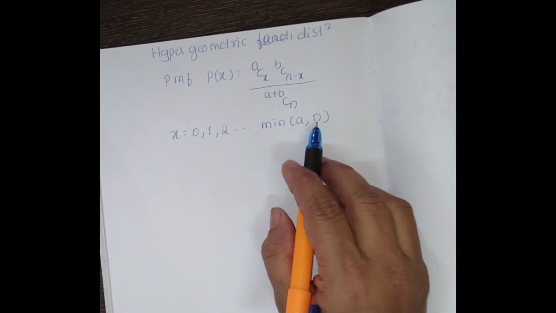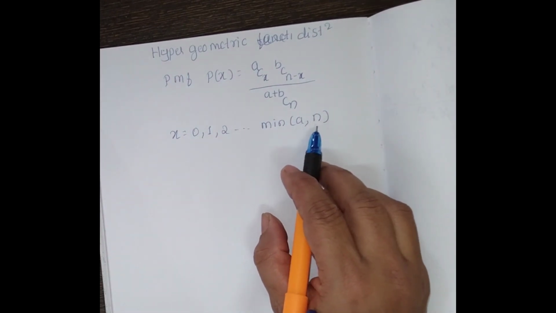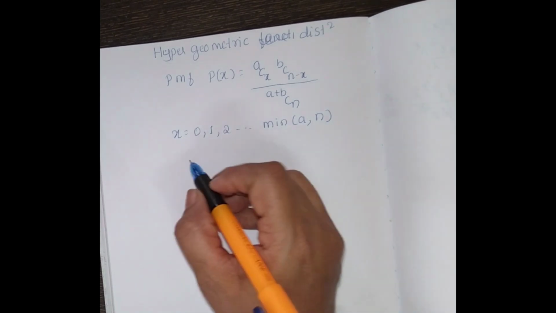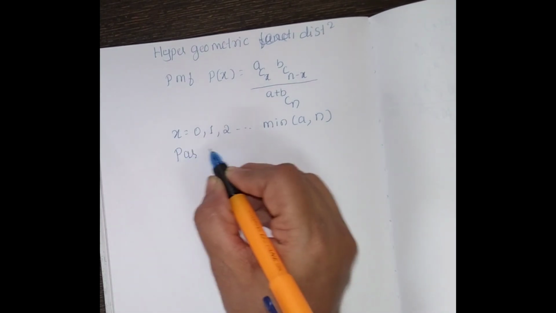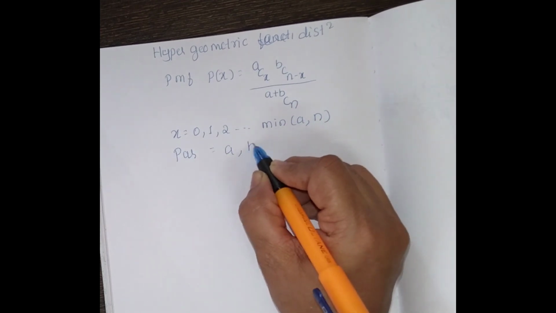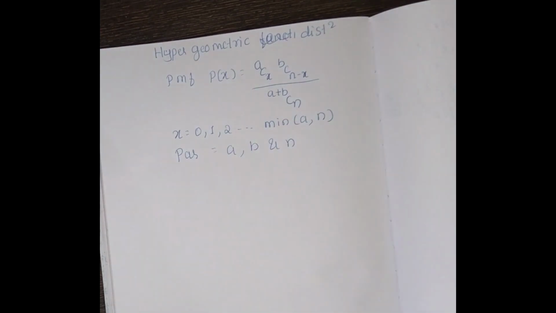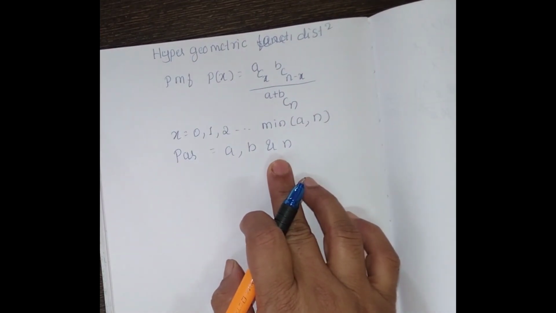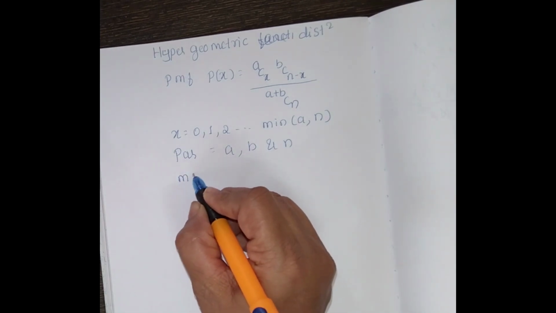Whichever is the minimum, if A is the minimum then up to A, if n is the minimum then up to n. That is the range. The parameters are A, B and N. The 3 parameters here are A, B and N. Then what is the mean?